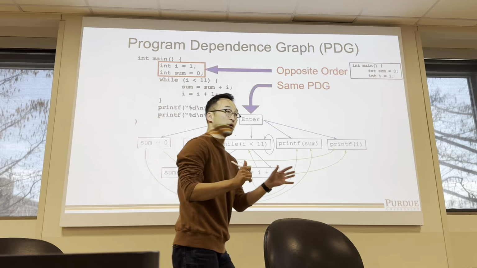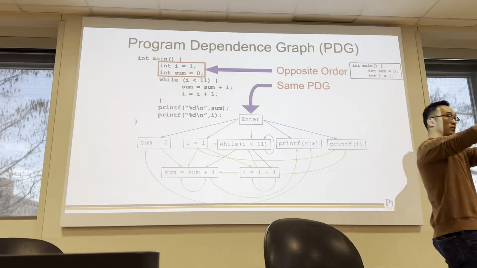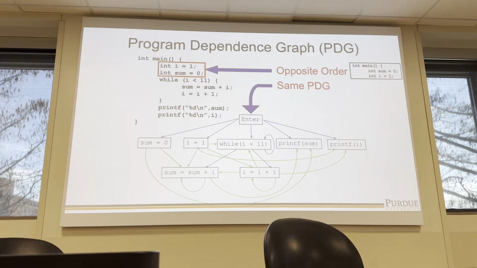So order doesn't matter. That property of programs is abstracted away. Why? Because program dependence only cares about dependence between a statement and its value definition, its use, and the control dependence. Any other properties of the program, we don't care about. That's why even though you flip the order of the instructions, you still get exactly the same shape of the program dependence graph right here.